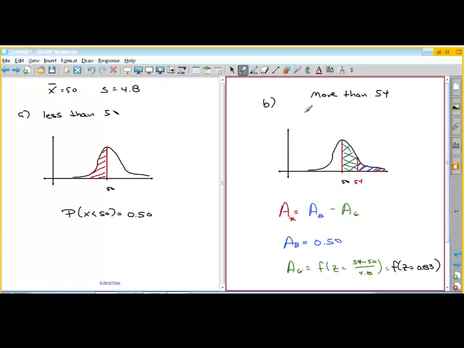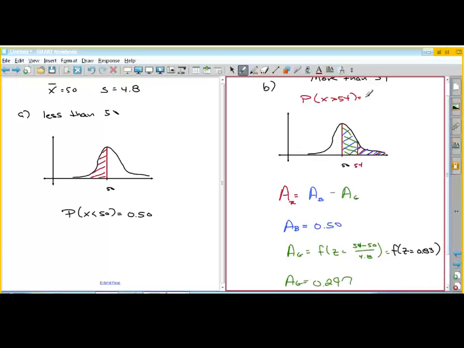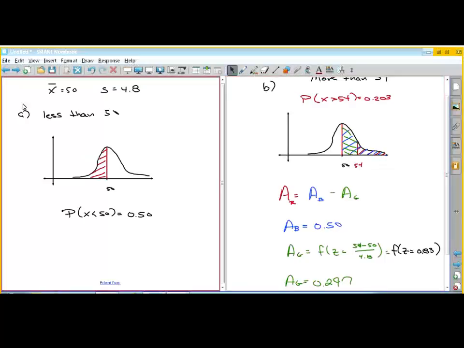So that's the answer. So the probability of getting x greater than 54 is equal to 0.203, or 20.3% probability.